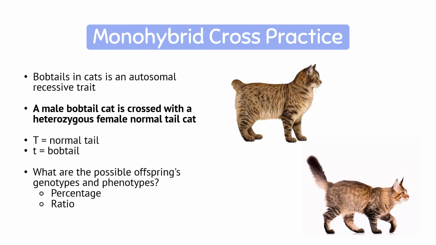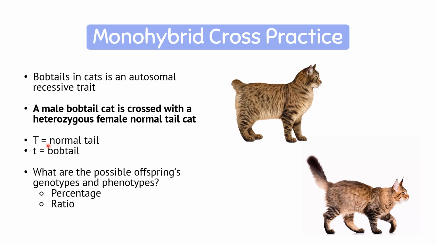So let's practice one. This is an example of bobtails in cats. Bobtail is this short tail. It is an autosomal recessive trait, so it means it is found on an autosome, and the allele that codes for the bobtail is recessive. Here we have a male bobtail cat, and it is crossed or mated with a heterozygous female normal tail cat.